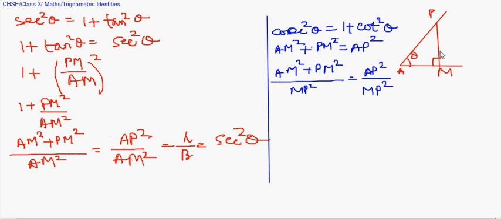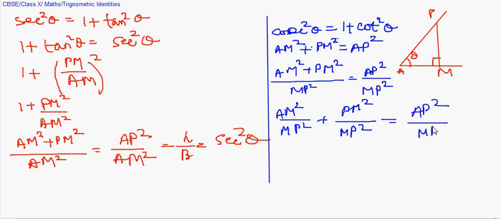Now I'll just separately write it, taking it off from the common denominator. I also have this AP square by MP square.